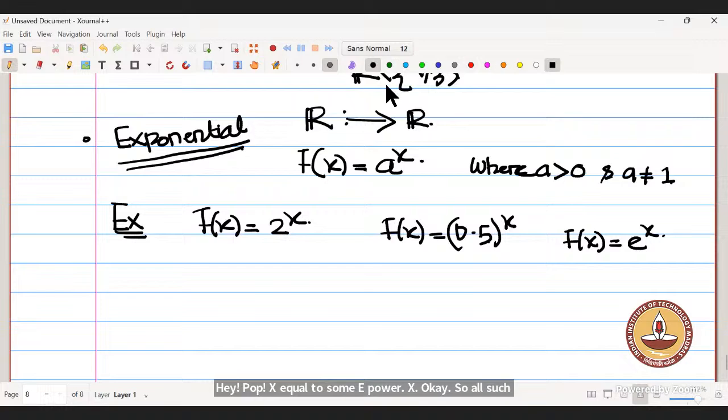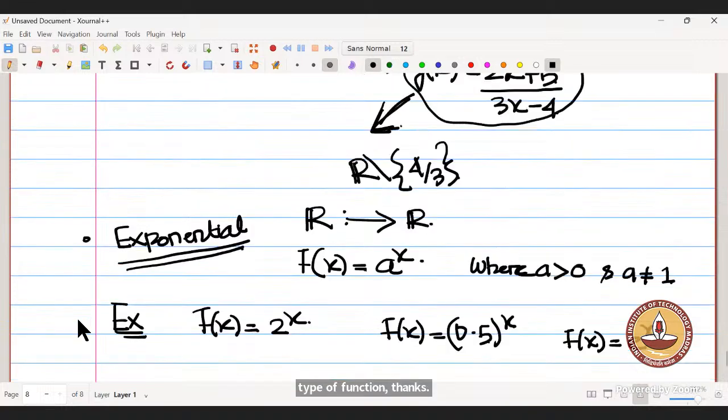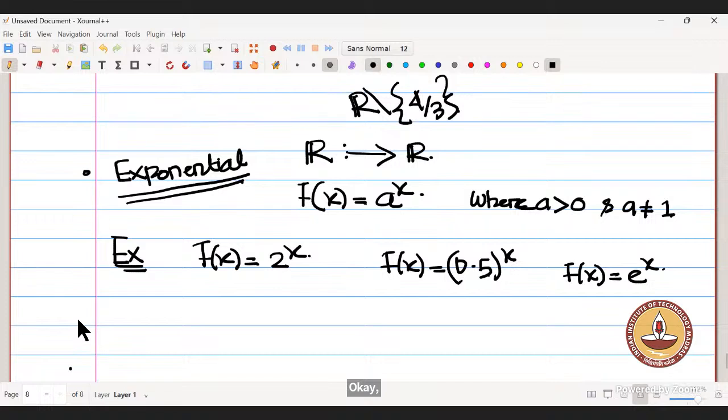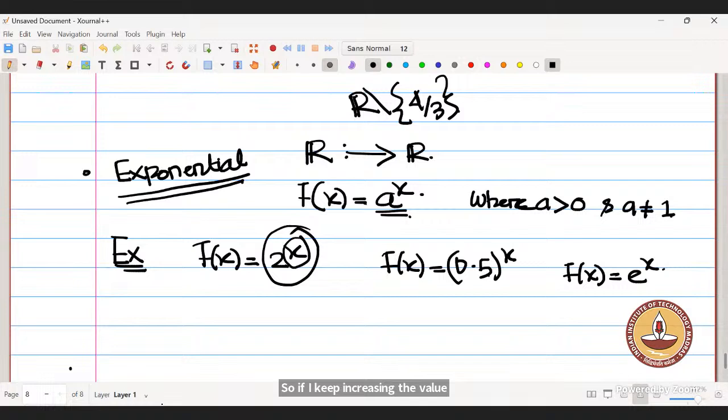As you can see, there are two behaviors of an exponential function depending on the value of a. If I keep increasing the value of x, then this whole thing will increase, because I have 2 here.